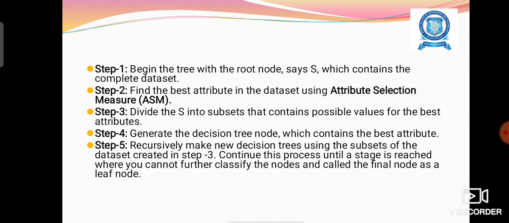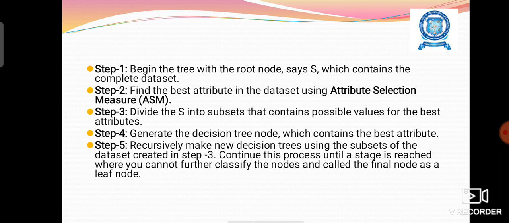Step 1. Begin the tree with the root node which contains the complete data set. In the second step, it will find out the best attribute in the data set. The best attribute can be found out by the measure called attribute selection measure. In step 3, it will divide the entire data set into subsets that contain the possible values for the best attributes.